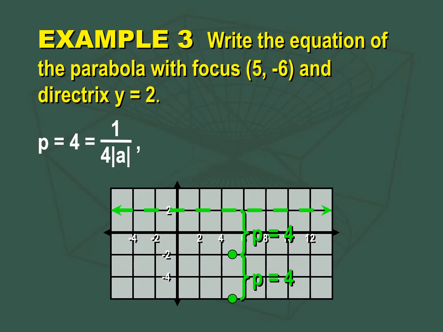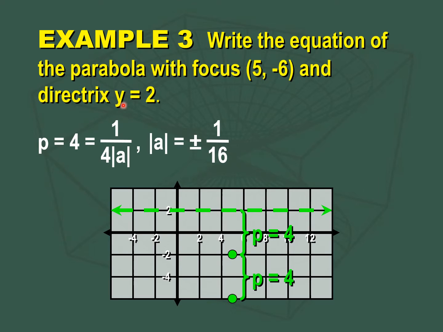Which means that if our p value is 4, then we can calculate our a value. Because if p is 4, and p is supposed to be 1/4 times the absolute value of a, that means that a is equal to plus or minus 1/16. So I'm solving for a, right? What I had to do here is I had to multiply both sides by the absolute value a, and then divide both sides by 4.